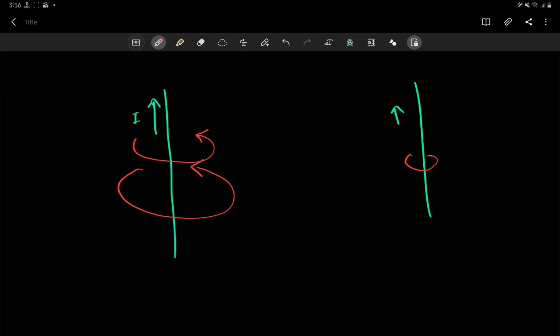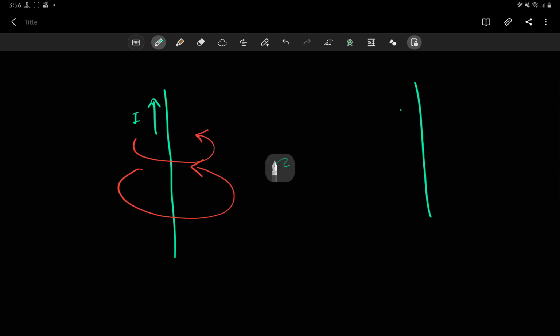I'm just drawing this as a notation. Don't take this literally. So the magnetic field also shrinks, and you can imagine if there was no current through that wire, there would be no magnetic field.